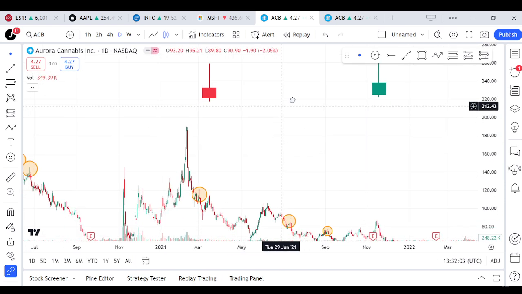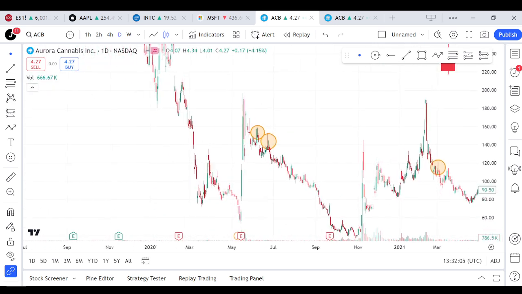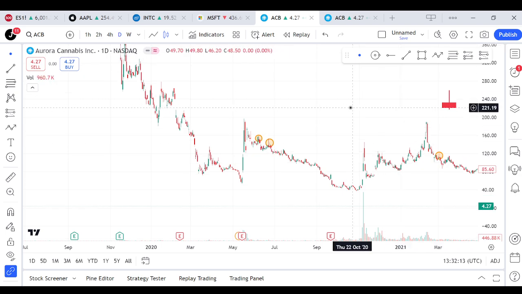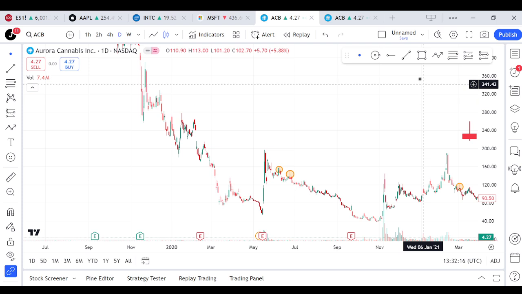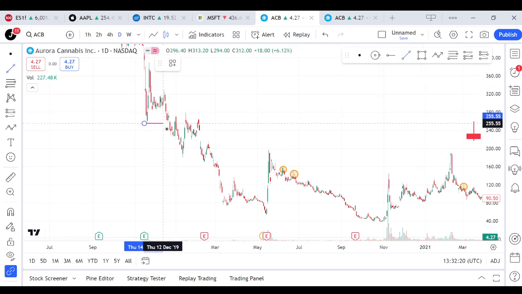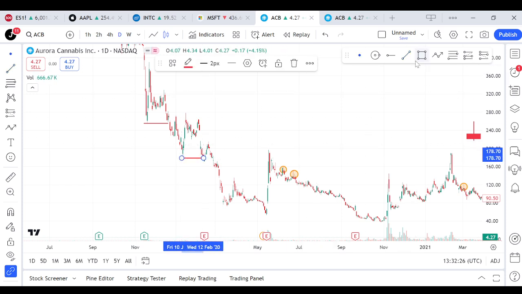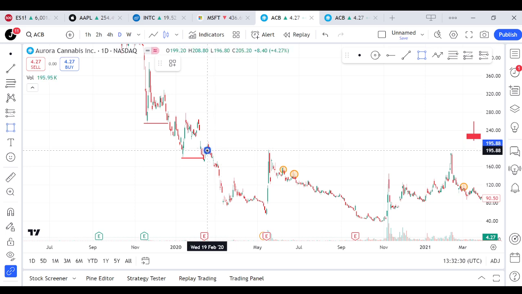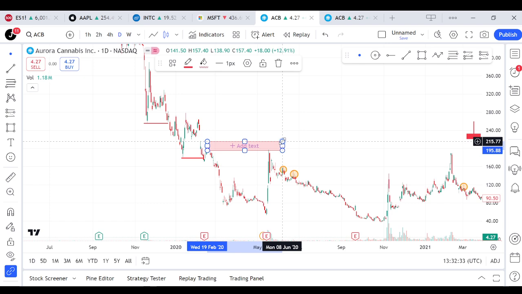So let's hop on the charts and see how we can use this for continuations. This is the bearish inverted hammer, and right here you can see we are clearly bearish. Price is giving us a series of breaks to the downside, and we should be looking for key resistance levels like this one.